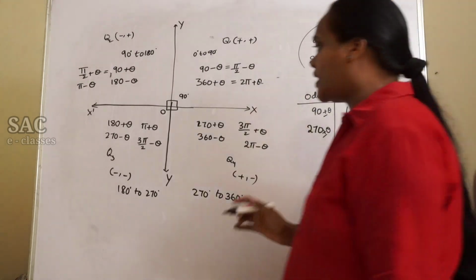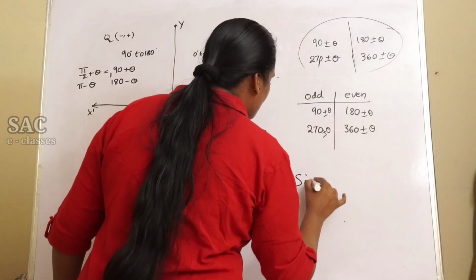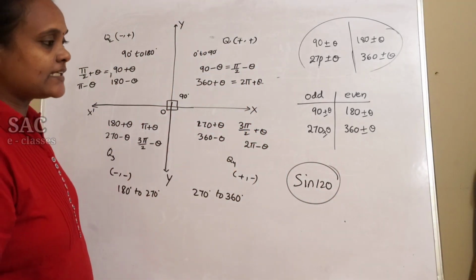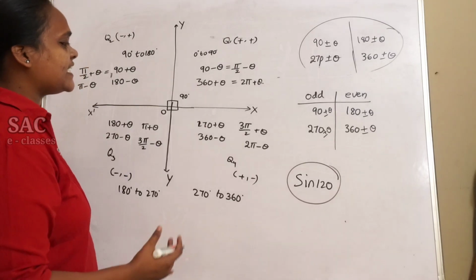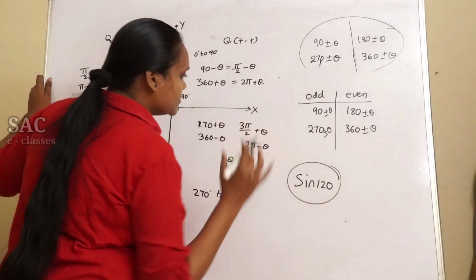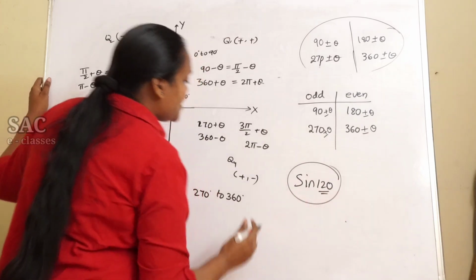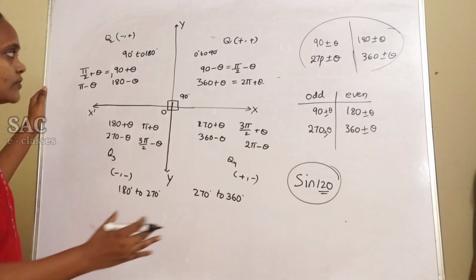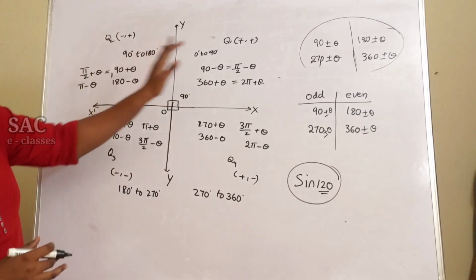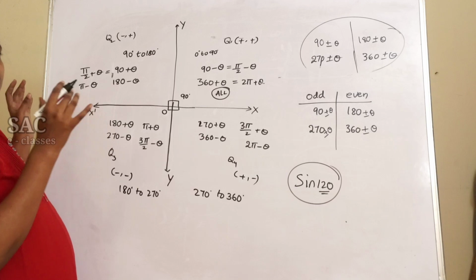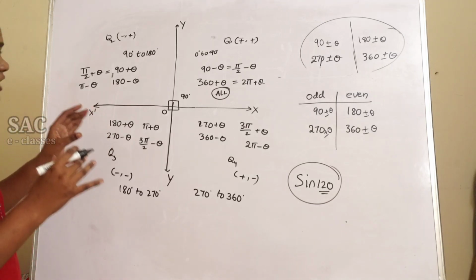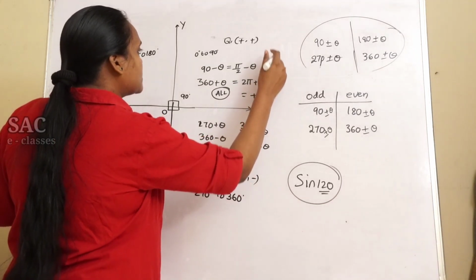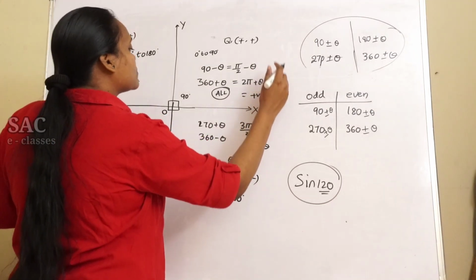But what is our topic, ma'am? Our topic is how to find out the values of angles other than 0, 45 degrees, 30 degrees, 60 degrees and 90 degrees. To find this out, we need to know the nature of such trigonometric ratios in different quadrants. Usually, in the first quadrant, all trigonometric ratios are positive: sine, cos, tan, cot, cosecant, secant.